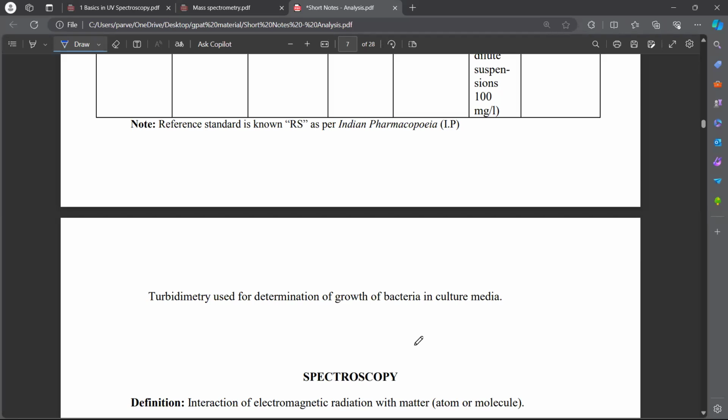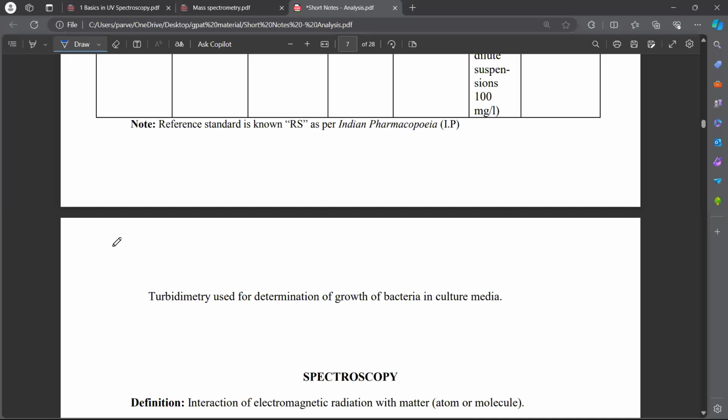Chromophores are certain types of functional groups which show absorption in the UV region. A chromophore has the ability to absorb UV. Due to the chromophore, the colors appear.